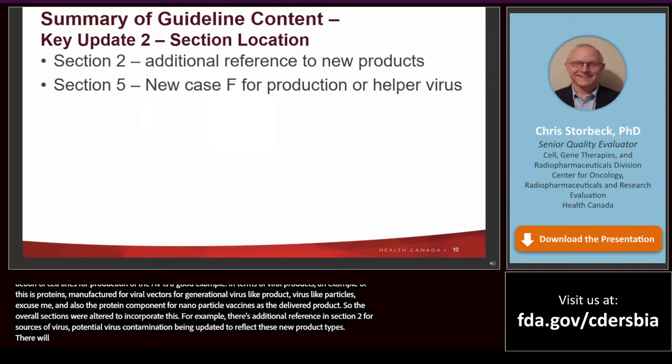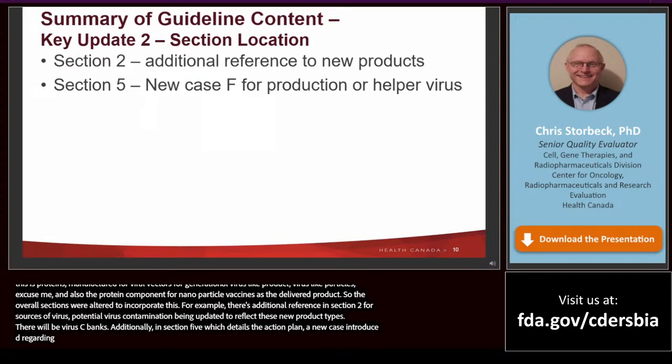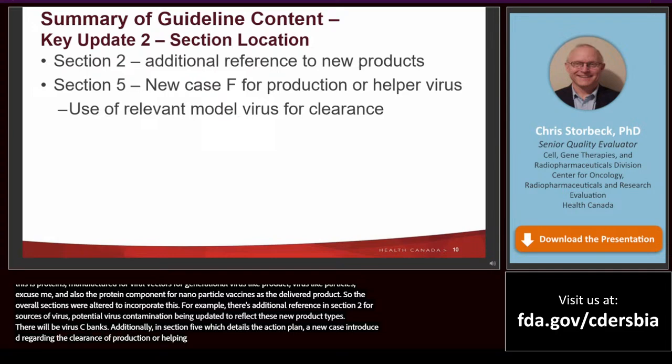Additionally, in Section 5, which details the rationale and action plan for virus clearance, a new case F was introduced regarding the clearance of production or helper virus. So in terms of the use of the relevant model virus for clearance.